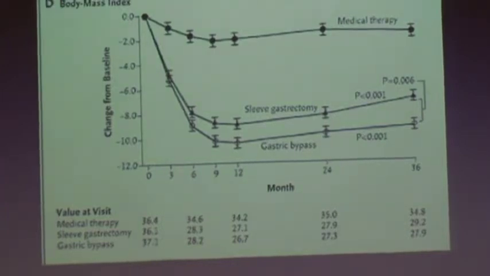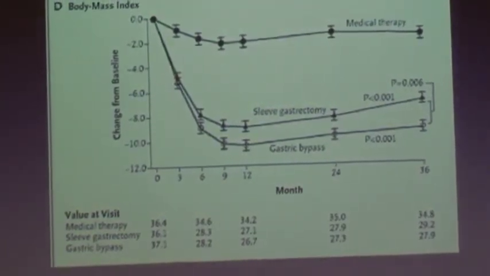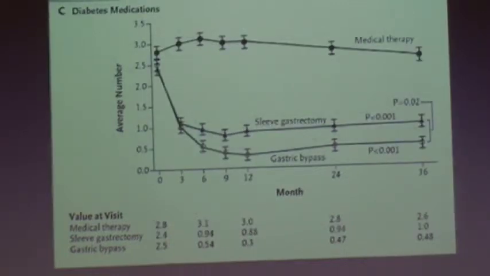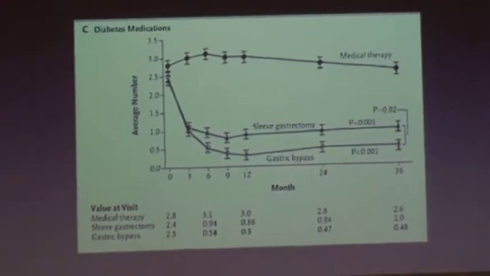When they looked at their weight loss, obviously, no surprise, without any surgical intervention, not much weight loss, but both surgical patients ended up with body mass index of less than 30. Diabetes medications significantly again improved.